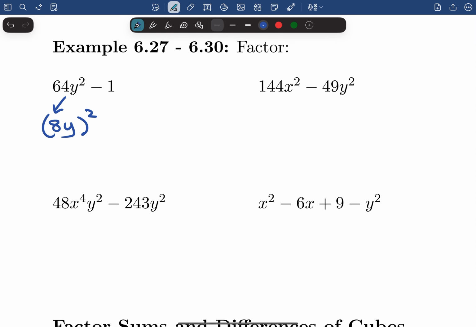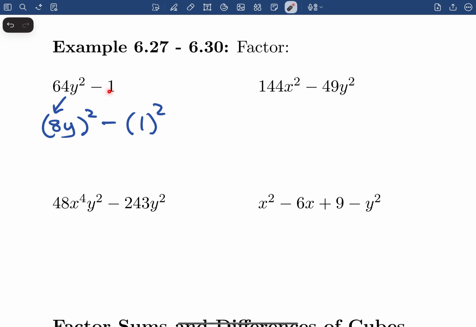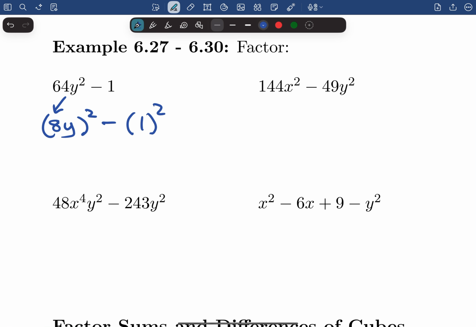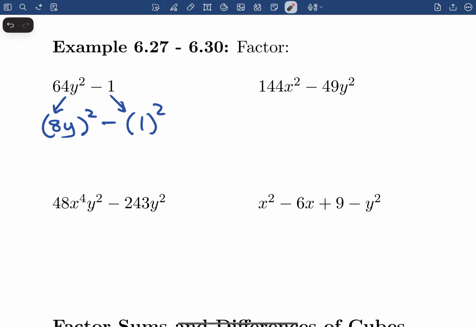And then I have a minus sign, and when I see 1, my brain tells me, hey, that is 1 squared. Okay, 1 is a perfect square. It's 1 squared. And so now that I've rewritten this, I can see the difference of two things that are squared very clearly.